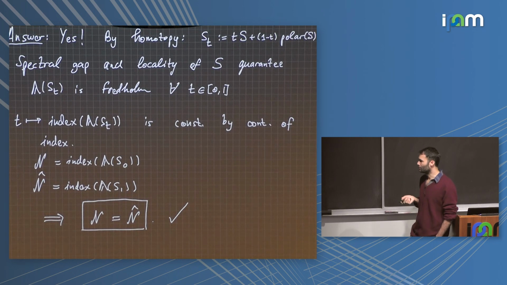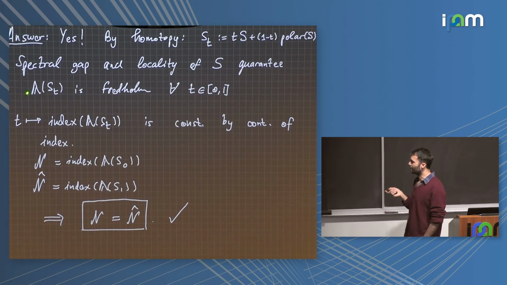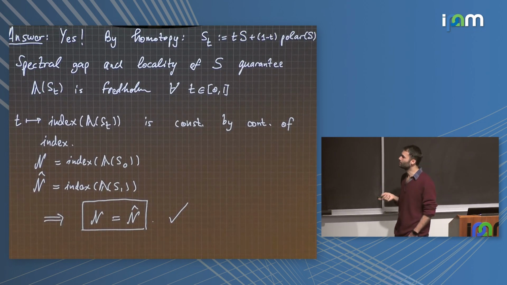And if you can make sure, and indeed you can, that the truncation stays Fredholm for the entire duration of the deformation, then you have, by the constancy of the Fredholm index, that the two endpoints also agree, and so that is the bulk edge correspondence.